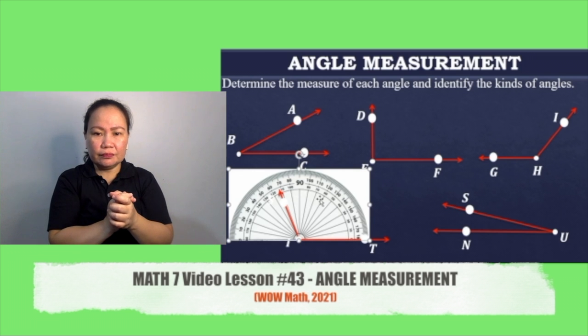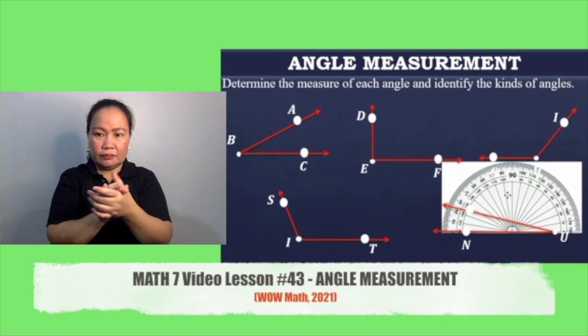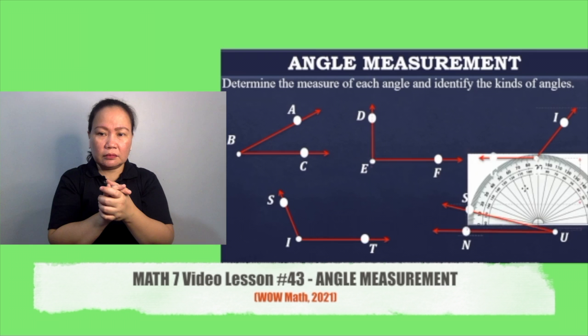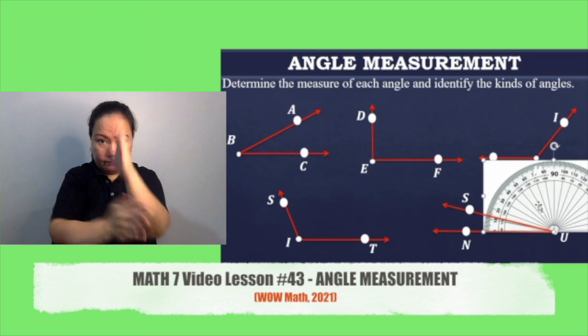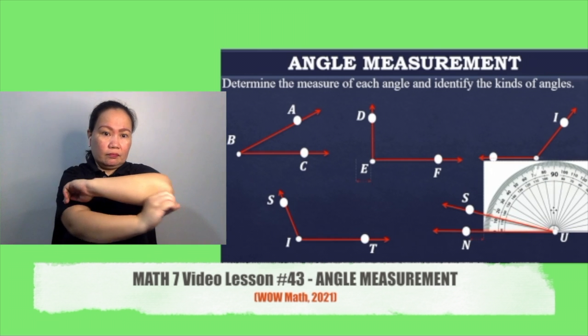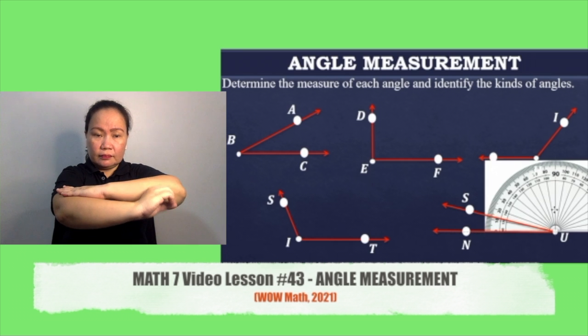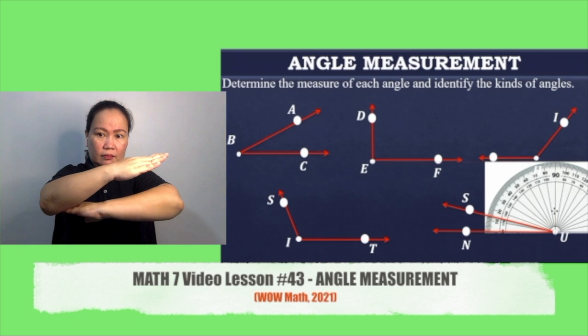Okay, next. Let's have our last angle. So, again, tapat natin yung ating vertex. And then, since nandito po ang ating initial side, ito yung zero mo.